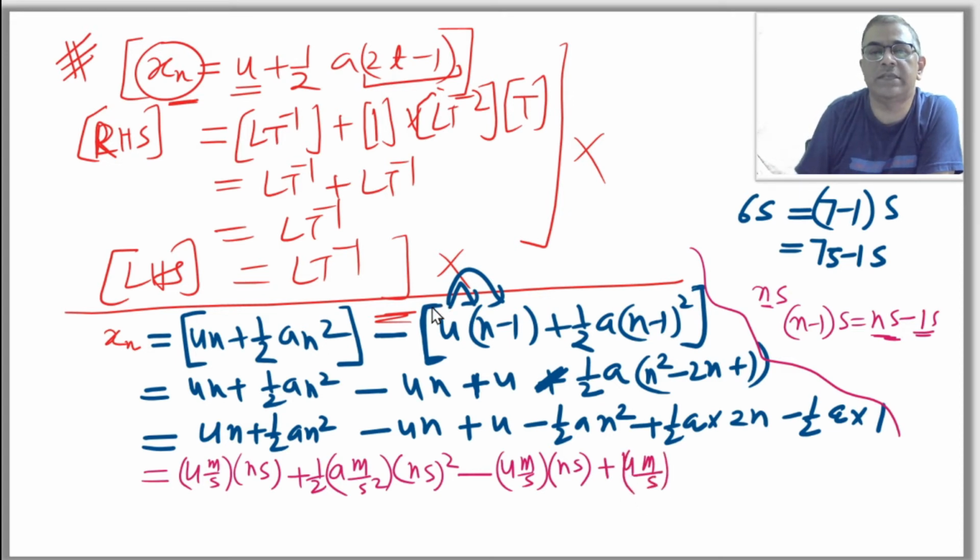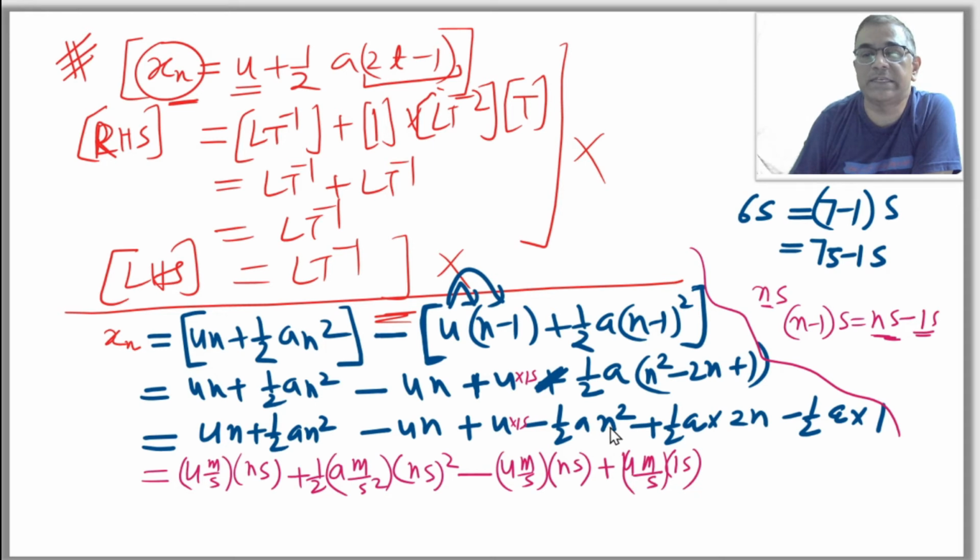Next, just see that u has been multiplied by 1. In fact, u has been multiplied by 1 second. Is that right? So this is u meter per second multiplied by 1 second.